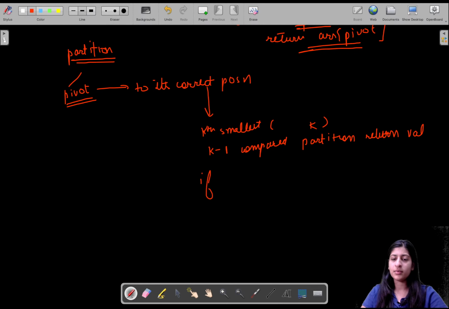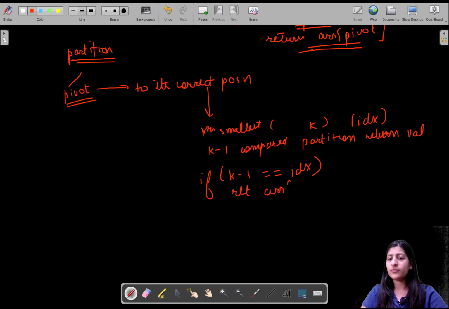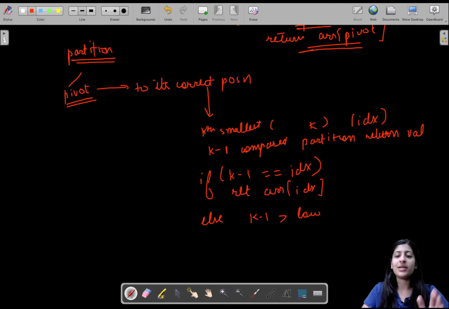If you get k minus 1 equal to your index, let's say we are storing what partition returns in idx, then you simply return arr of idx or k minus 1, anything would work. Otherwise, there are two cases. Now you are calculating the range.